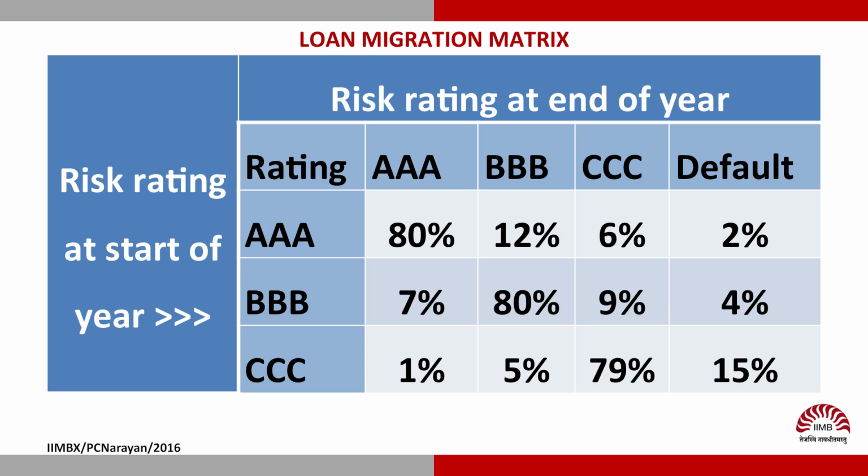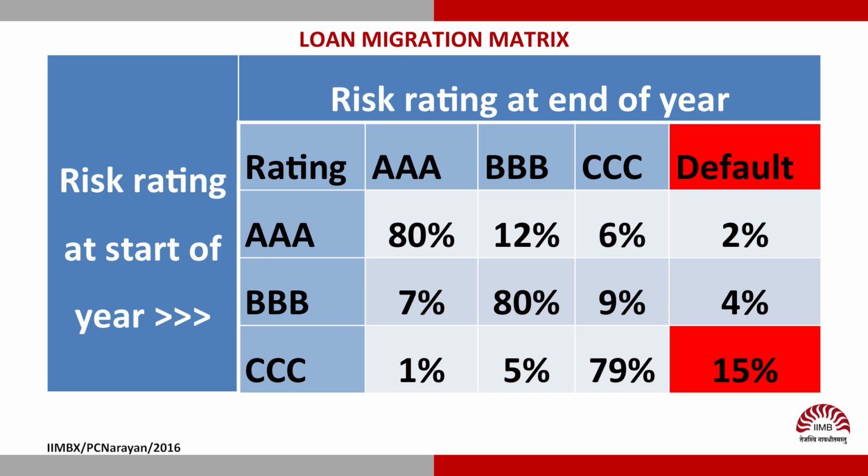Let us say a lending institution is assessing the credit risk of its current portfolio of loans that were rated CCC at the start of the year. Let's look at the table again. The loan migration matrix shows a significant percentage, 15%, have been downgraded to default category from CCC rating during the year.